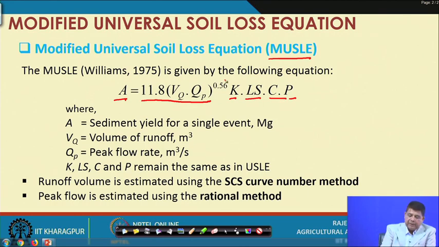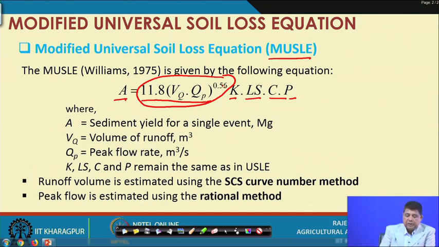That is now replaced by the term 11.8 (VQ times QP) to the power 0.56, which is called the runoff factor instead of the rainfall erosivity factor.